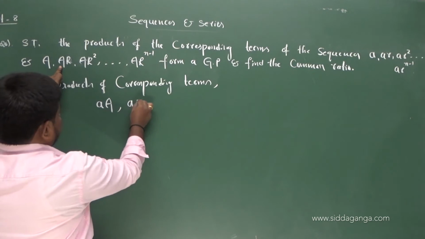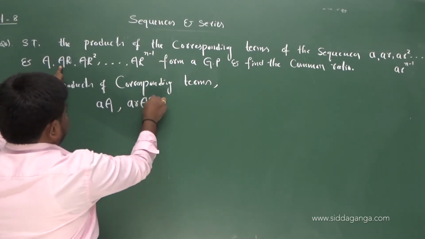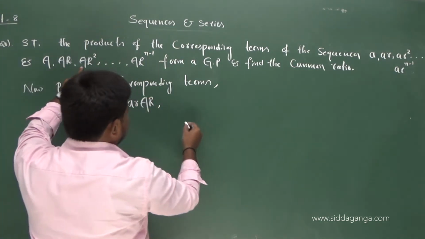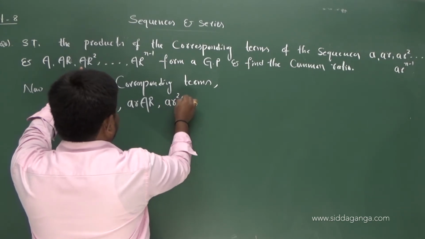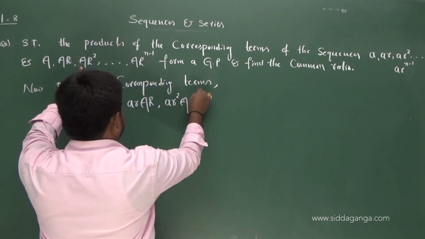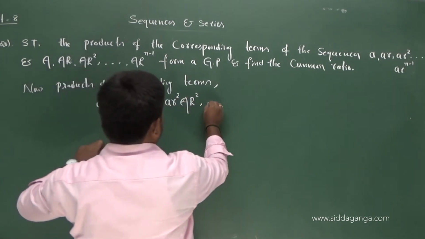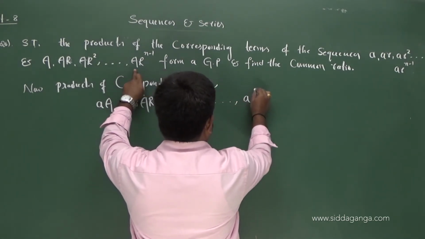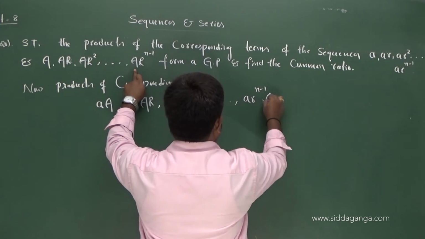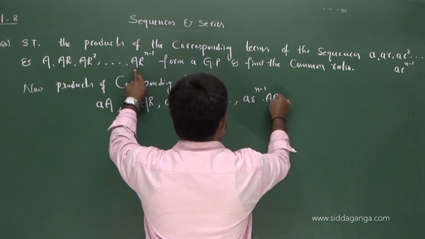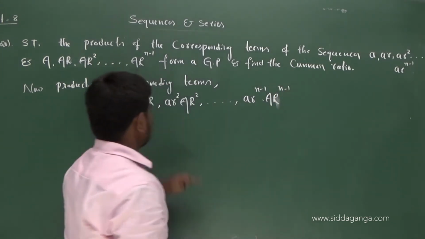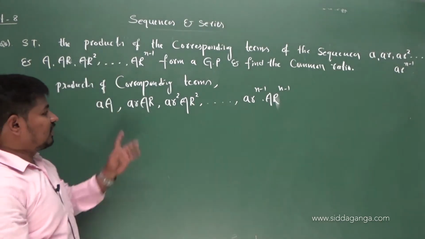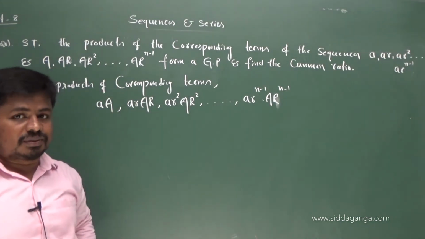Third term is AR square into AR square. And fourth term and so on. And the last term, the nth term, is AR power of n minus 1 into AR power of n minus 1. Now we have to prove this is also a GP sequence.